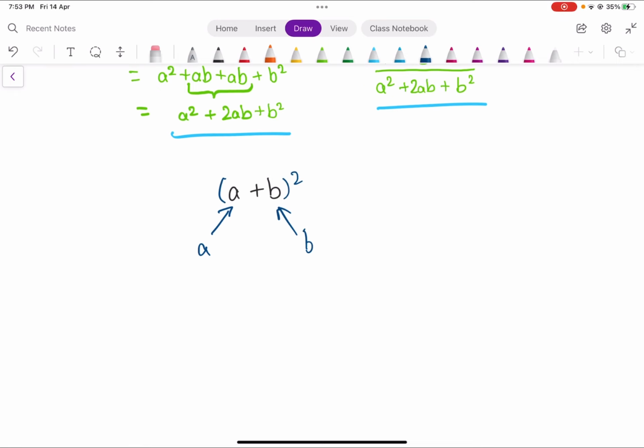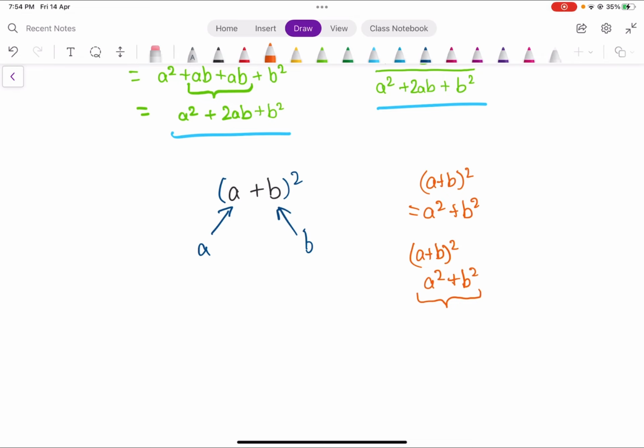Now, a common misconception of a plus b squared is that this equals a squared plus b squared. This is a really common misconception. So try not to get confused, even though it can seem pretty deceiving, because a plus b squared looks as if the exponent can be put on the a and then put on the b to make a squared plus b squared.